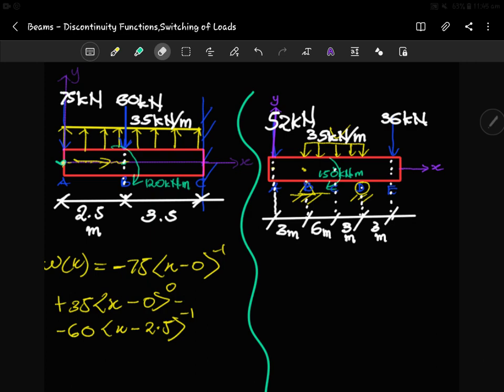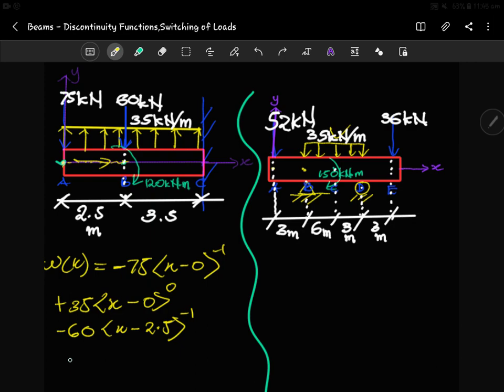What else do we meet as we move on? At this point, we have a moment. Looking at our convention, we said this way is positive, so this one is in the same direction as our positive. So the moment there is positive.